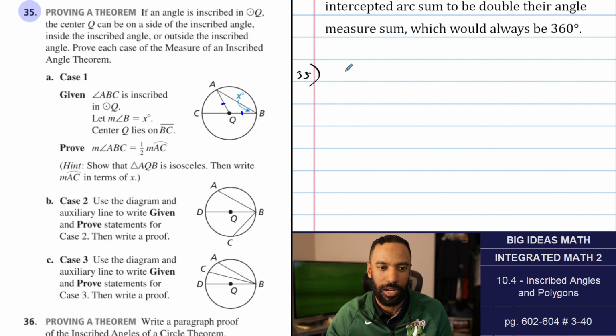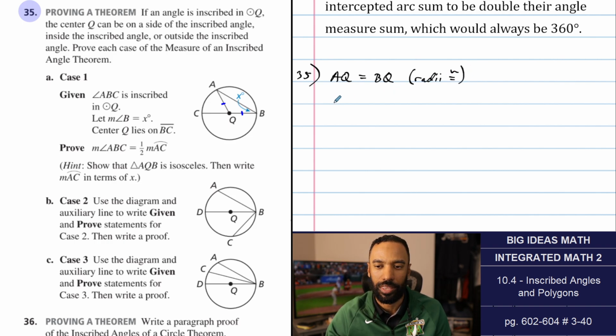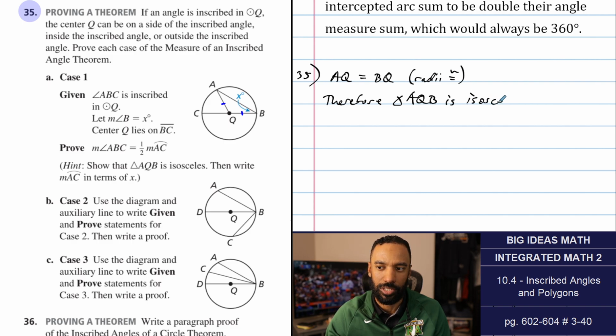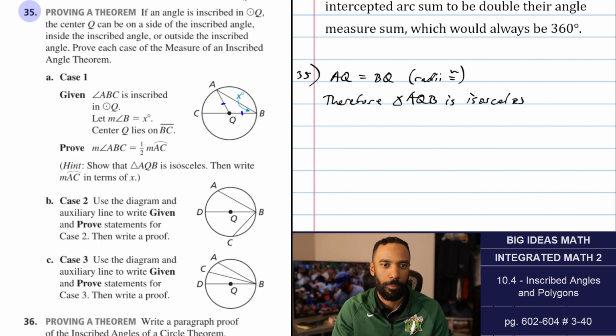So in this case here, we have AQ is equal to BQ because radii of a circle are congruent. So if they're congruent, it's an isosceles triangle. Therefore, triangle AQB is isosceles.